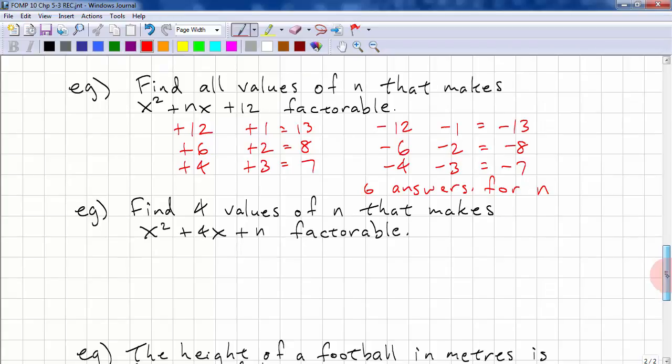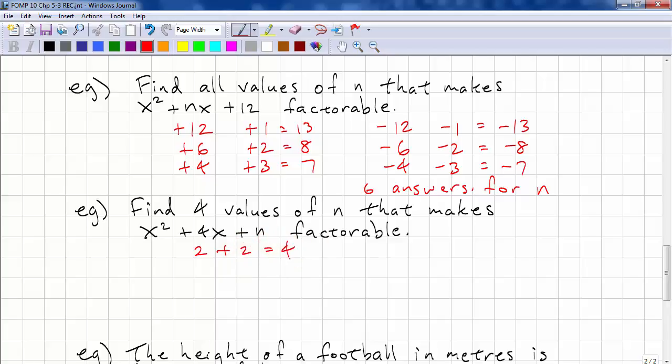Here's another problem. Let's do this. X squared plus 4x plus n. So we need to find an n that makes it factorable. Now this is a little bit different. So we need the sum of the factors to be 4. So we could do 2 plus 2.